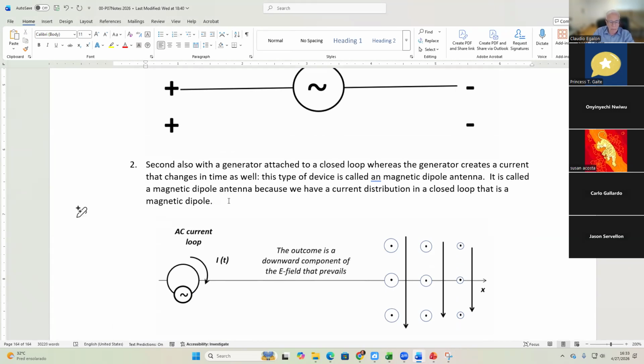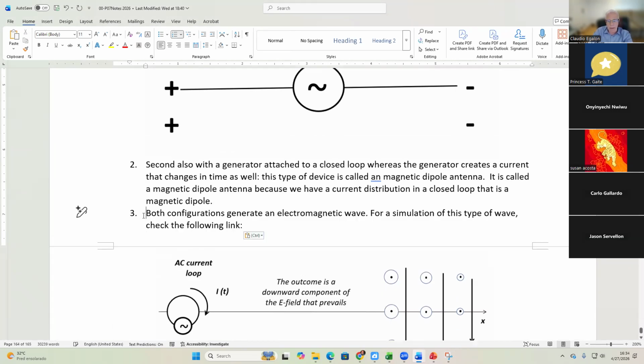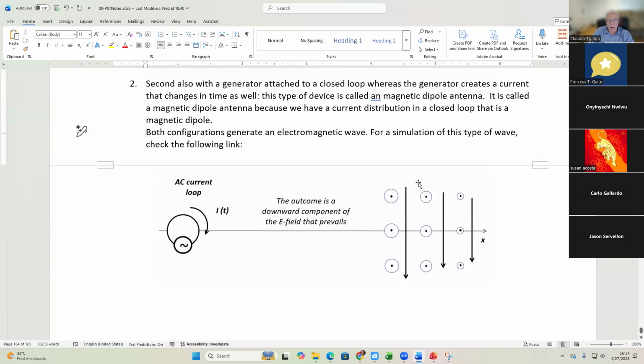And here I illustrated the electromagnetic wave of this magnetic dipole antenna. Here's the magnetic field, and this one here's the electric field. They are perpendicular to each other, okay? If you're in free space.